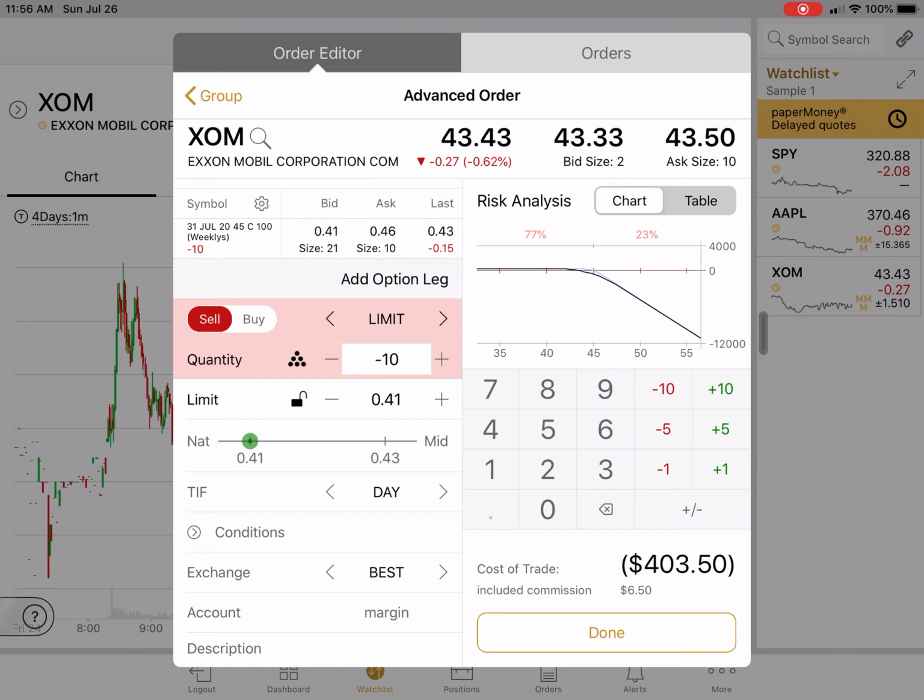Now in this advanced order, notice the quantity is 10 contracts. However, we are buying 100 shares of Exxon, therefore you're talking about a single contract of a call option. So I'm going to change that to 1. So currently the bid price is 41 cents, so I'm writing it at 41 cents, and all seems in order. I'm going to tap on done.